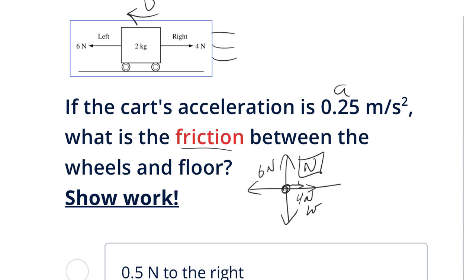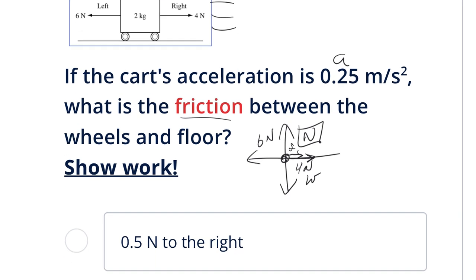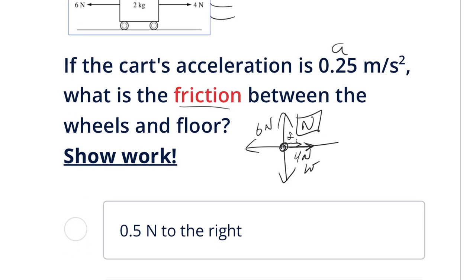So I'll just call that little f right there. The other arrow pointing to the right is the applied force, the 4 newton applied force. Okay, so the net force is equal to the 2 arrows pointing to the right.